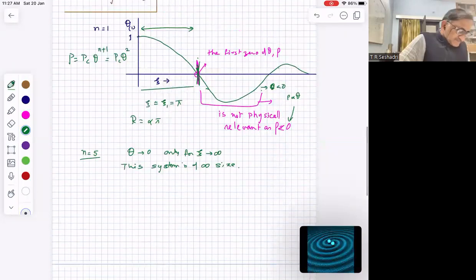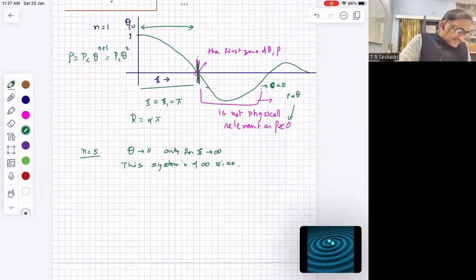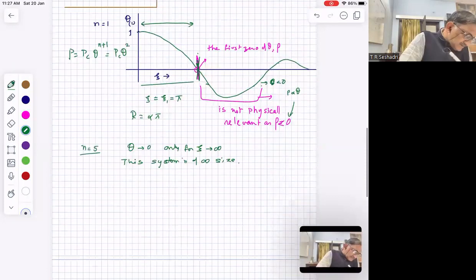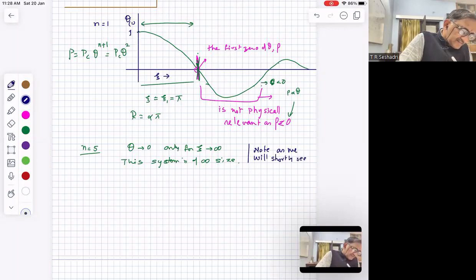Yeah, got it. Okay. And now in this case, it's of infinite size, but I will give a note. As we will shortly see, the mass is finite.